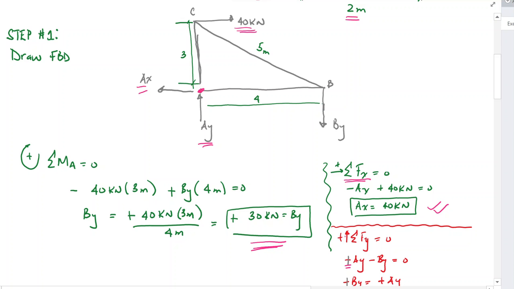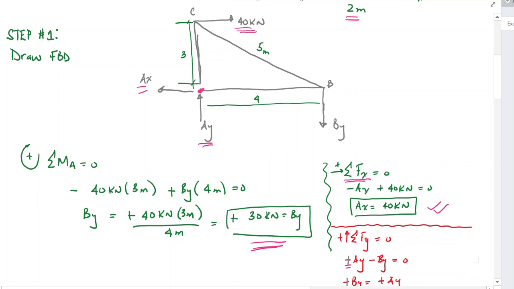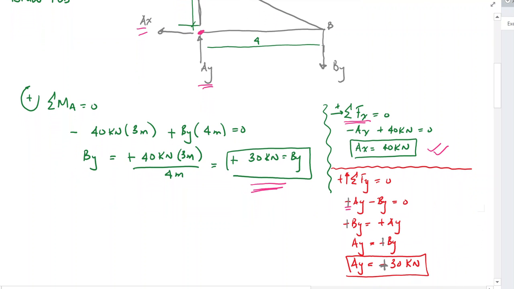I chose my AY to come down rather than go up. So you want to make sure your support reactions are positive and your arrows reflect that. So my AY is a positive 30 kilonewtons.